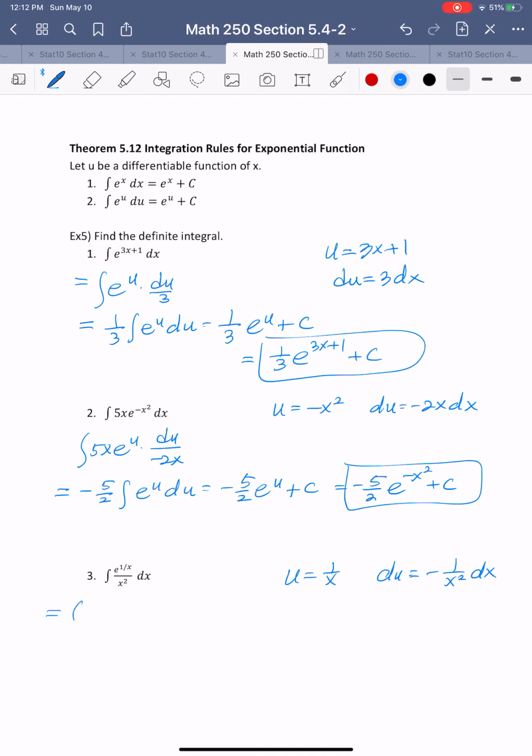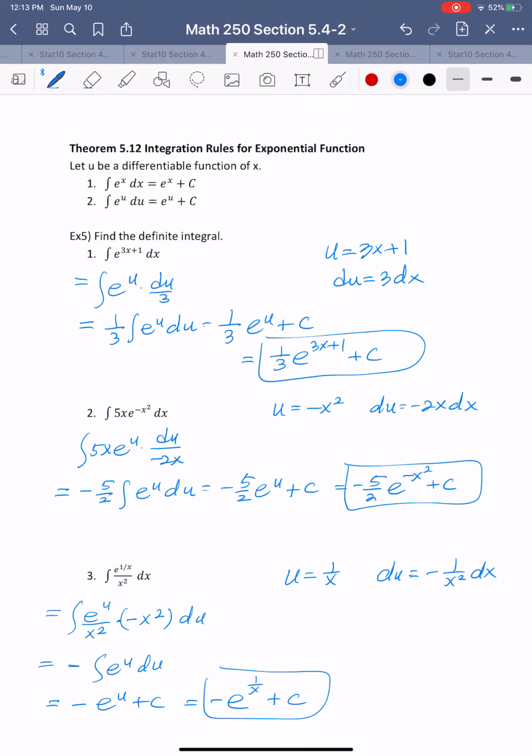So I have the integral of e to the u over x squared times negative x squared du. Pull out the negative, and then the x squared cancels out. I got the integral of e to the u du, which comes out as e to the u plus c, and then u was 1 over x, plus c.